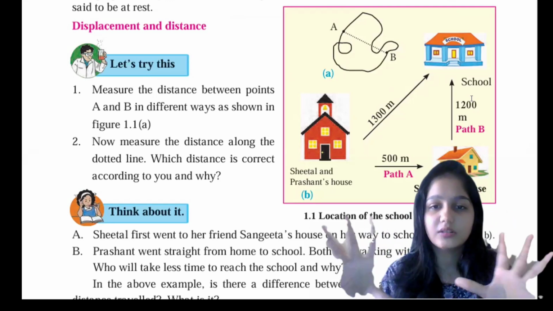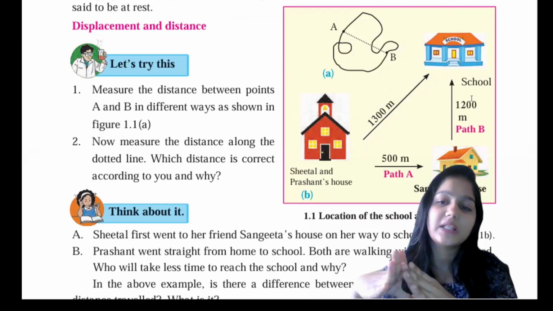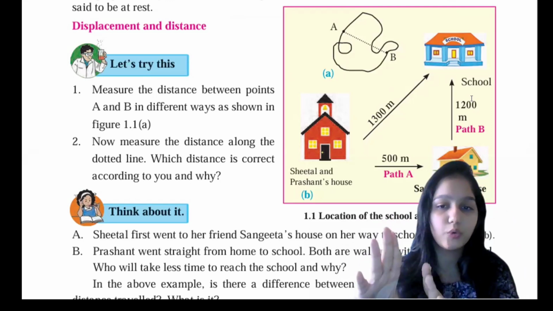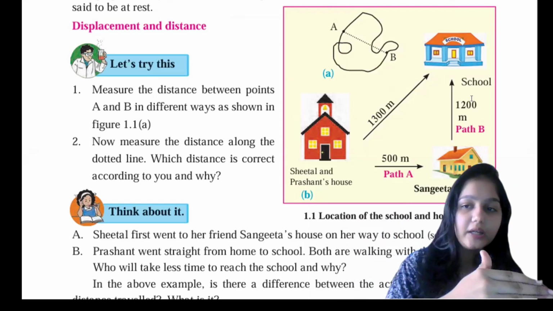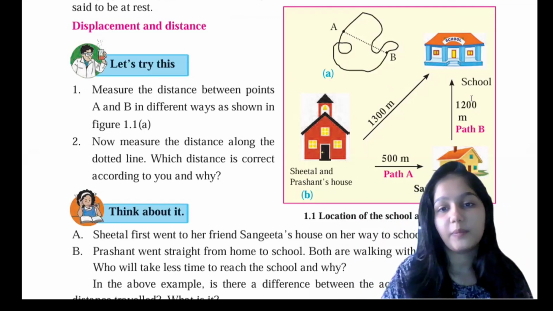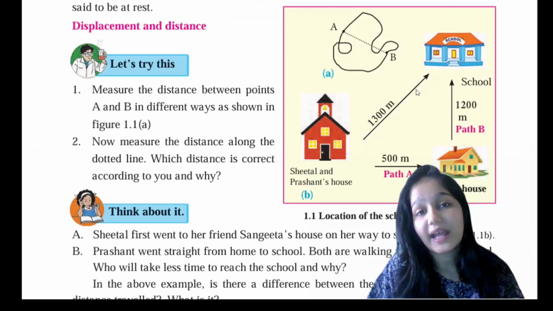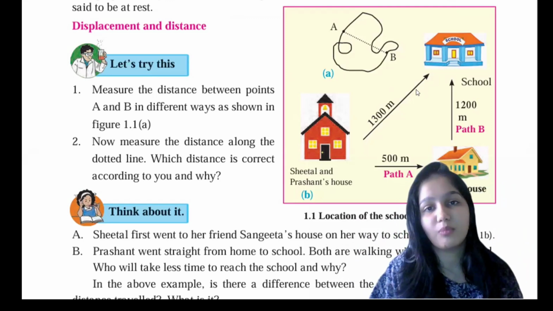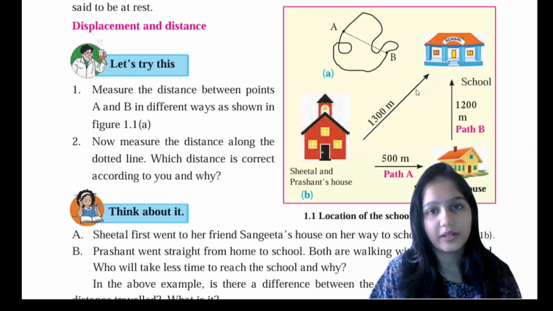This is just an activity that they had given. Sheetal's house to Sangeeta's house and Sangeeta's house to school. But if we take such a big long cut, instead we go directly to the place by the direct means. Can you see this? This is the direct means to the school. Then the distance is very small. So that distance is called displacement.